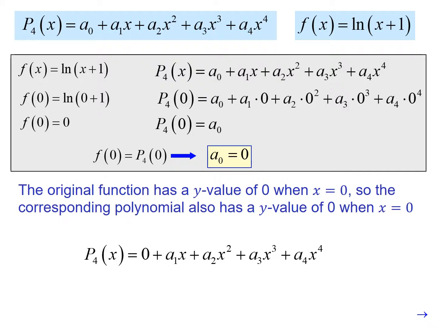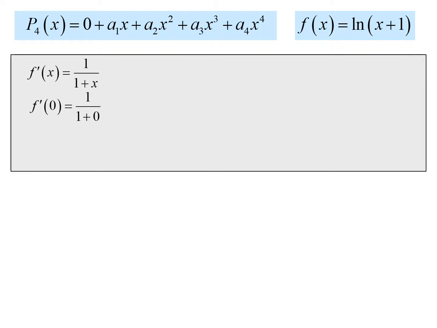All right, so you can see I've gone in and replaced a sub 0 with 0, so we have that piece of the polynomial. And we're going to have to go through and figure out a sub 1, a sub 2, a sub 3, and a sub 4. Let's take the first derivative of the original function, evaluate that when x equals 0.